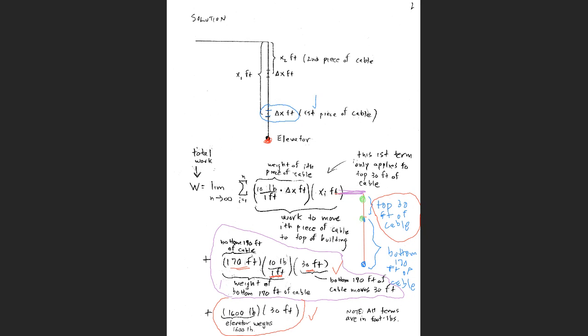And then I've drawn another piece of cable here that also has width delta x feet, and it's located closer to the top of the building. Again, this is the top of the building here. So both pieces of cable, the one that's lower down and the one that's further up toward the top of the building, weigh the same because they both have a width of delta x feet.